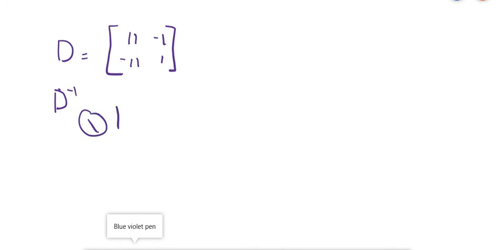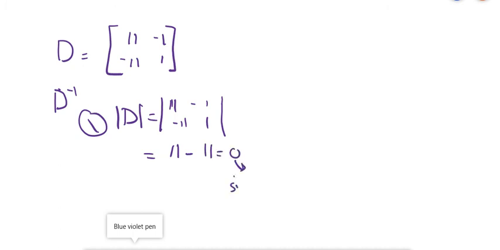First, we have to check the determinant of D. By cross multiplication, this is equal to 11 minus 11, which is equal to 0. So this is singular because the determinant is equal to 0, so there is no inverse.